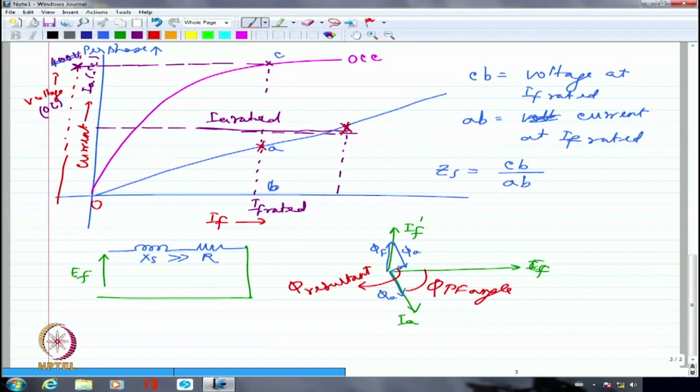So, increasing EF will be done by adjusting the field current. This is done all the time in the power stations. It's generally known as AVR circuit, automatic voltage regulation circuit.